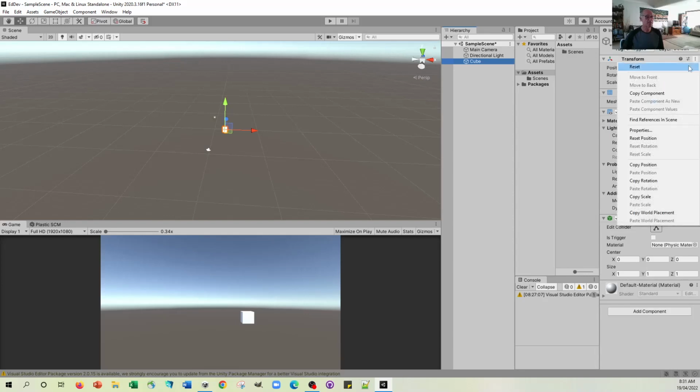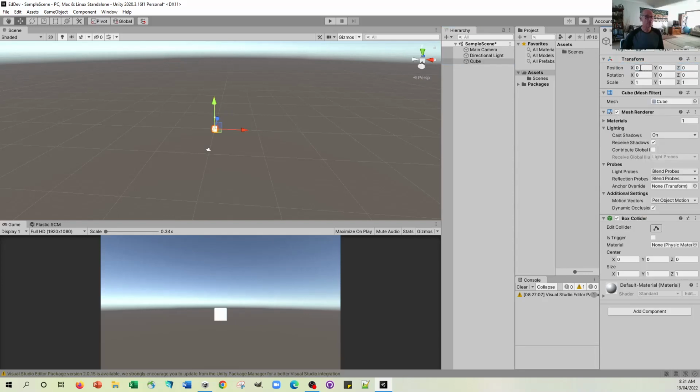Let's reset it so that it's actually at 0, 0, 0 on the X, Y, and Z coordinates. So it's right in the middle of world space. Now, all objects consist of this information about their size and position, but all objects also have some sort of mesh that gives them the physical appearance that they have.